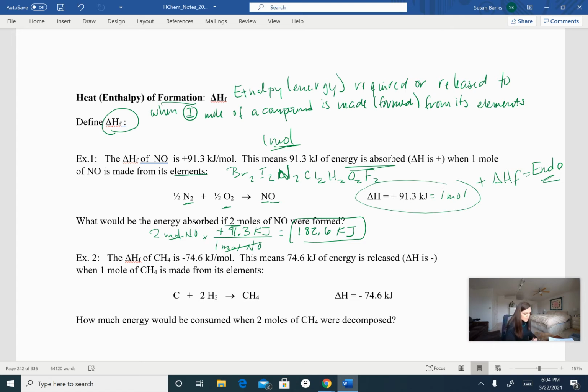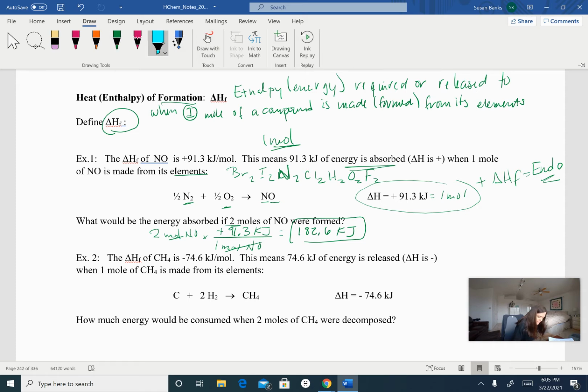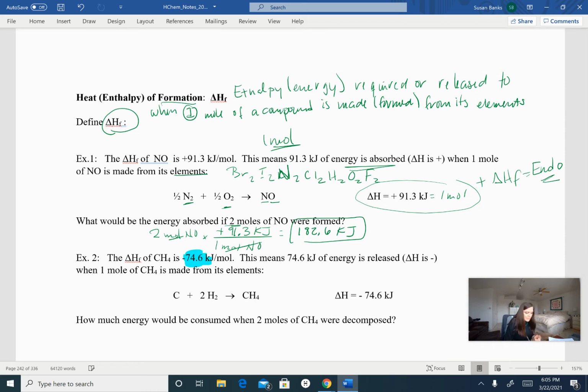Okay, so here we go. What's the heat of formation of methane? It's a negative 74.6 kilojoules. So notice this is a negative value. Let's highlight that. That's a negative value. That means energy is released. This is an exothermic reaction. So if I have carbon and hydrogen, the energy of that is up here. And when I make methane, it actually goes to a lower energy state.